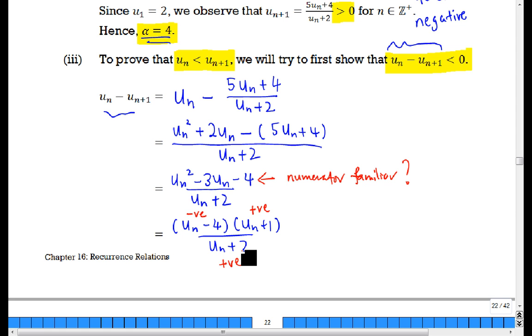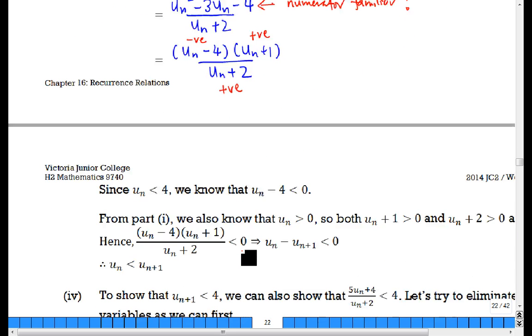So the idea is actually to consider each factor. So the presentation part goes like this, right? First, this first part, we know this, therefore this is negative. I'm considering the first factor here. Then the second and third factors are here, because we know that un is positive for all n.